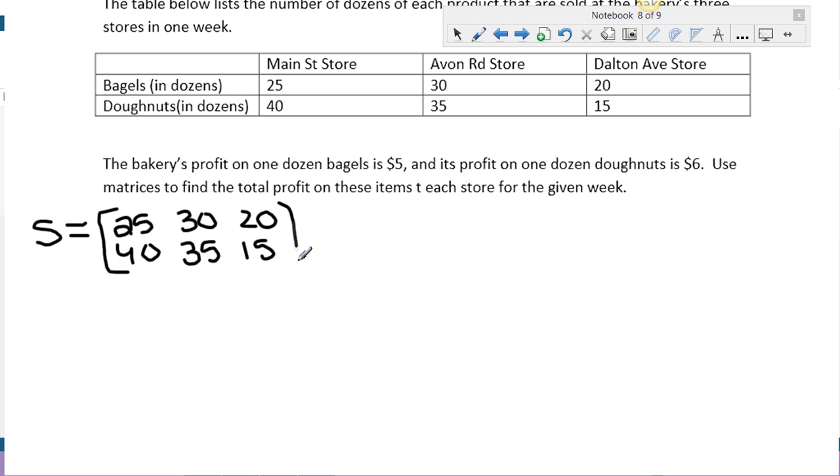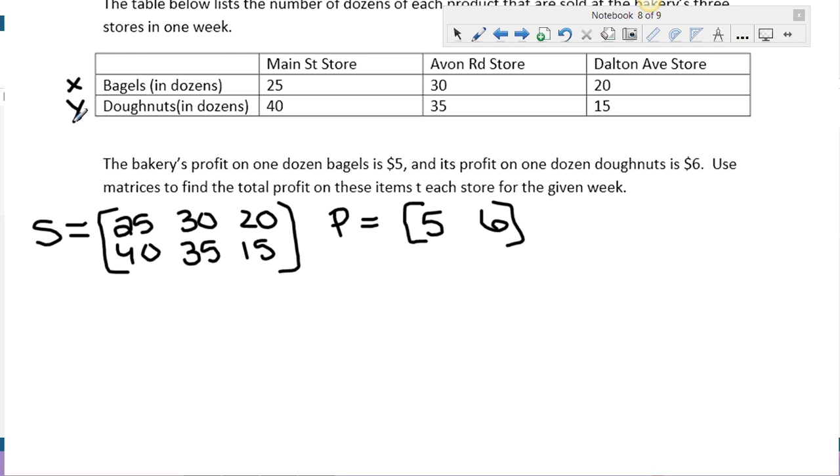Then we need to make a profit matrix. So what are we actually making on this? That's going to be a little bit more simple because we just have our $5 profit and our $6 profit. So our X is our bagels and our Y is our donuts, and the 3 would be our stores.